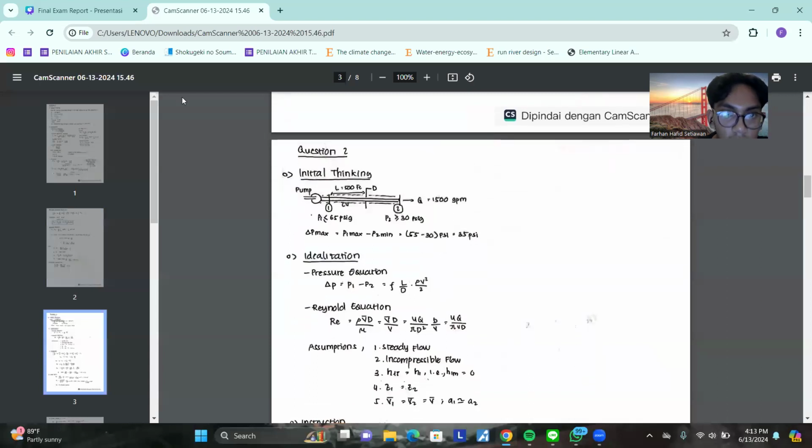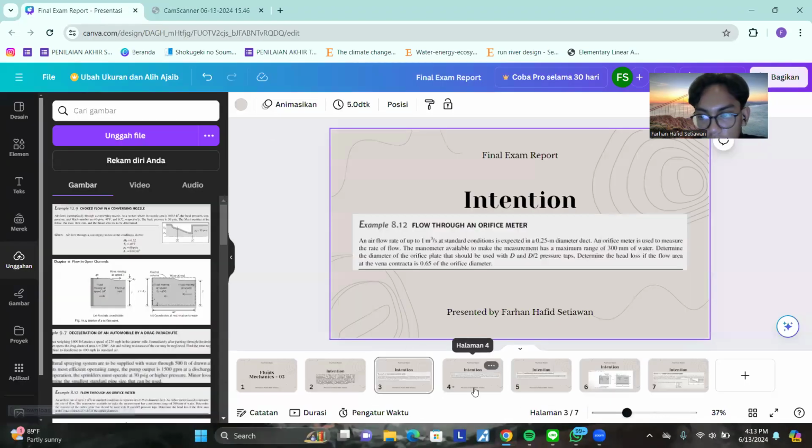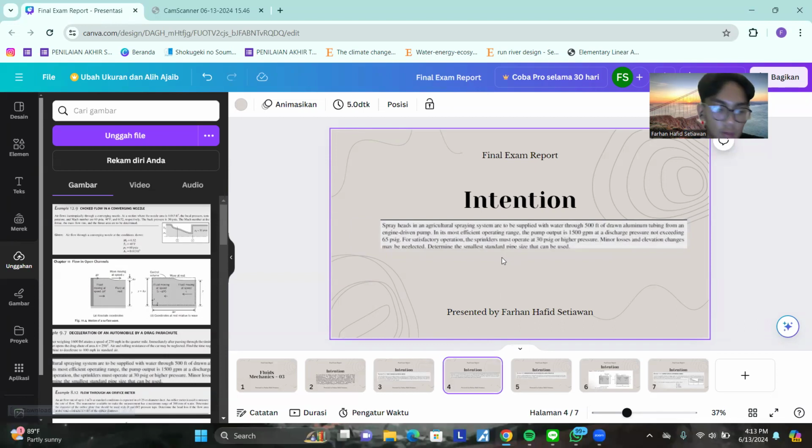Next, for question number 2, the intention of this question is to solve the following: the spray heads in an agricultural spraying system are supplied with water through 1500 feet of ground aluminum tubing from an engine driven pump. In its most efficient operating range, the pump output is 1500 gpm at a discharge pressure not exceeding 65 psig.